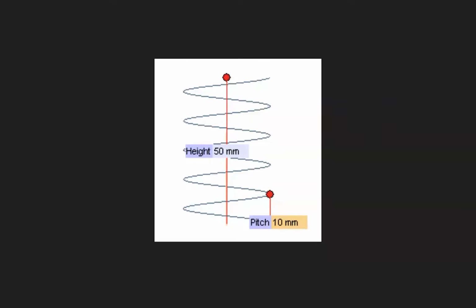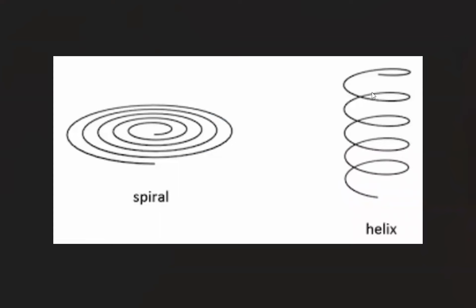Now, some people get mistaken between a helix and a spiral. All right. A helix travels in this direction, vertical, and the spiral is on a flat surface. So you're here on this flat surface and you end it here in the middle, but you're still on the flat surface, right?